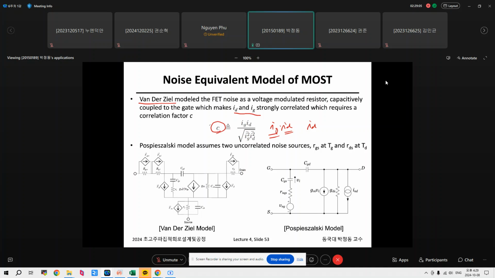This is good for analysis using a computer, but not for hand calculation. To avoid this, we use the Pospieszalski model. Here it assumes IND is independent of ING. Based on this, you can make an analysis.